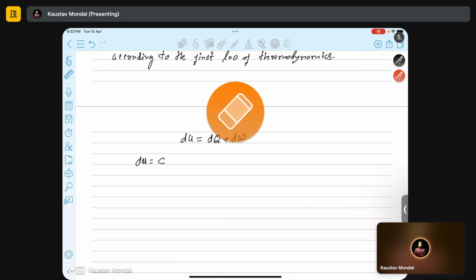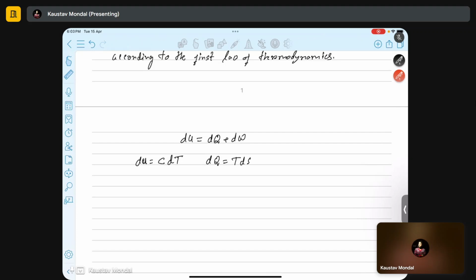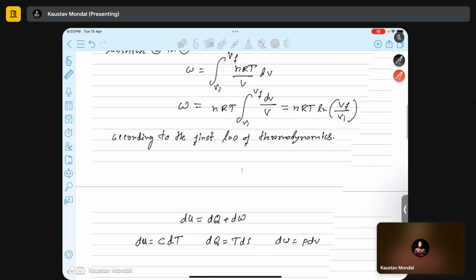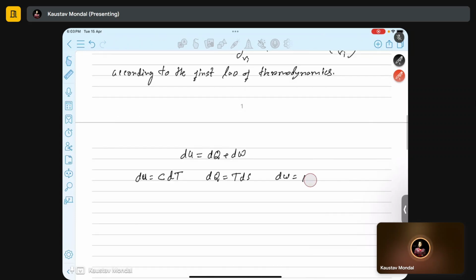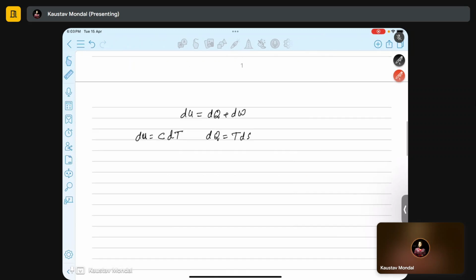So dU equal to C dT, dQ equal to T dS and dW equal to P dV. That you already know, right? The dW expression, P dV, you already know actually. So if you do the integration, then what do you get?